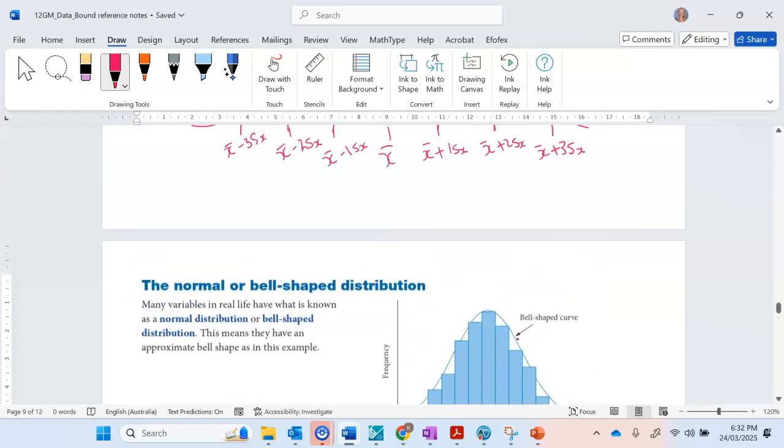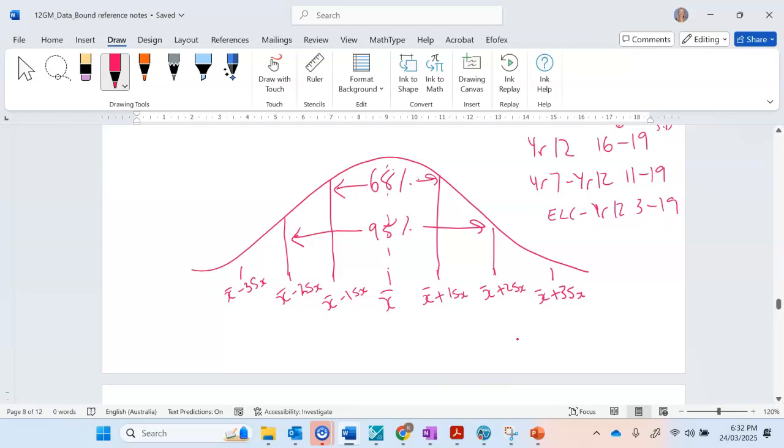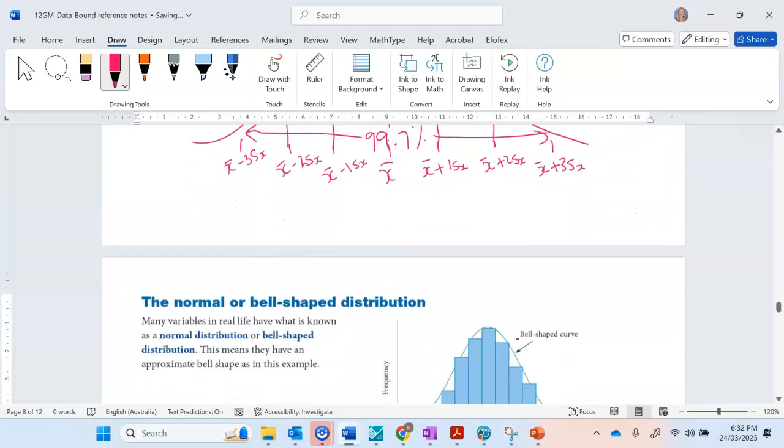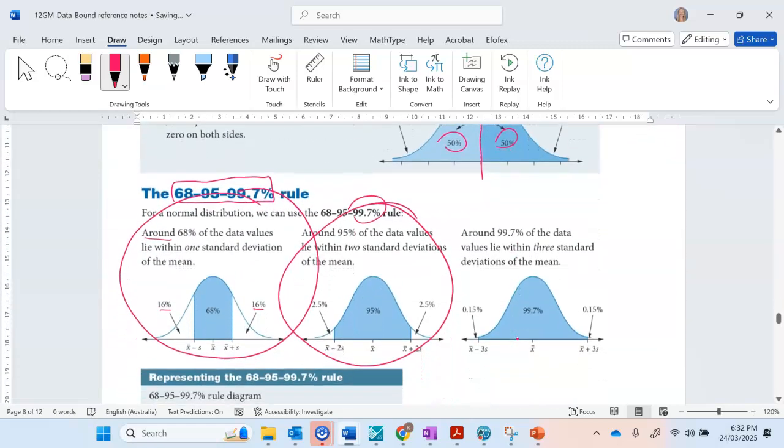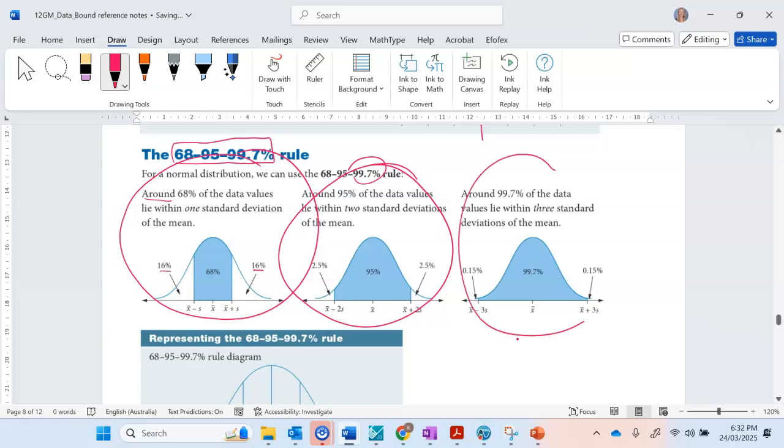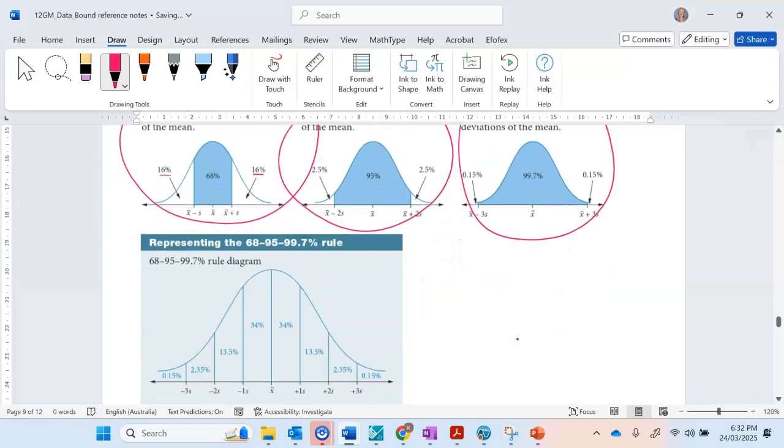And then finally, if we're doing 3 standard deviations, so let me just write it, 99.7%, we're going all the way to 3 standard deviations. So those percentages are what is being used. All right, so there it is for 3 standard deviations.